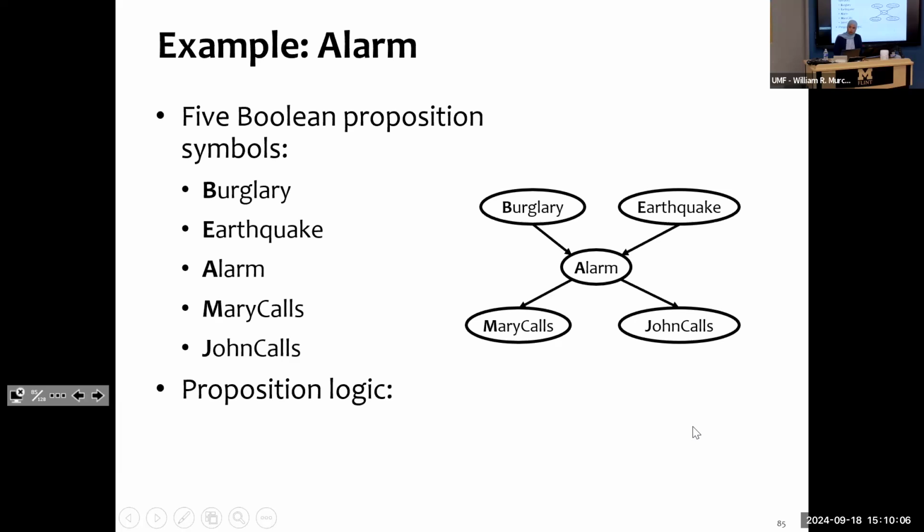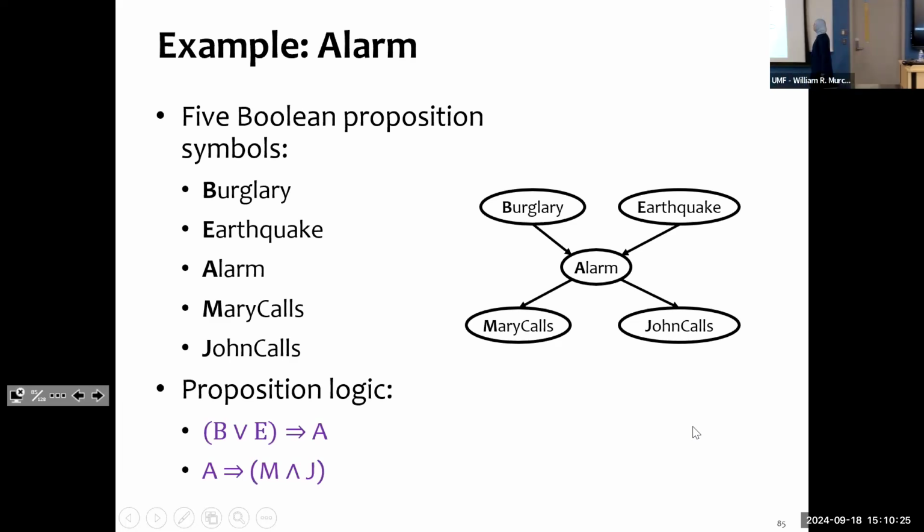Maybe Mary could be calling, or John can also call. So given these 5 Boolean propositions, try to fill in the table. For each proposition, I'm going to denote it by the first letter, okay? A for alarm, like this.